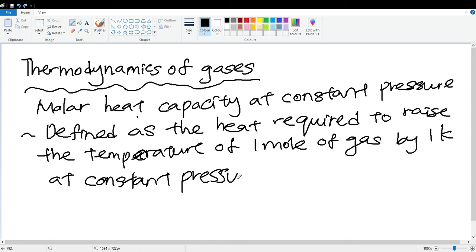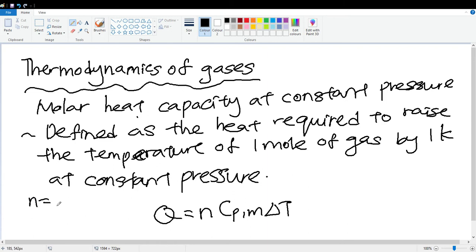So this is the definition for the molar heat capacity at constant pressure. Oh, I missed the formula for the molar heat capacity at constant volume, but it's okay. Let's explain the formula for this definition. Q is n C_p,m delta T. So n is our mole.